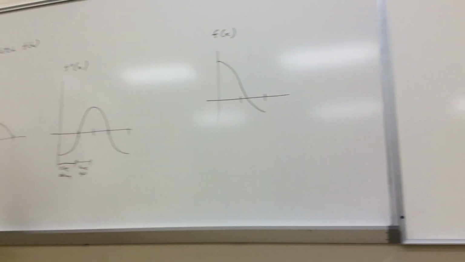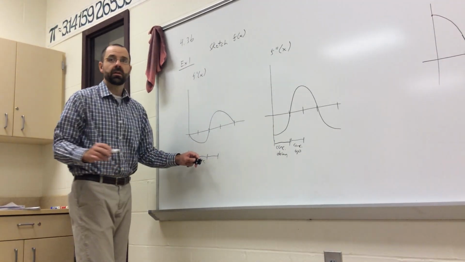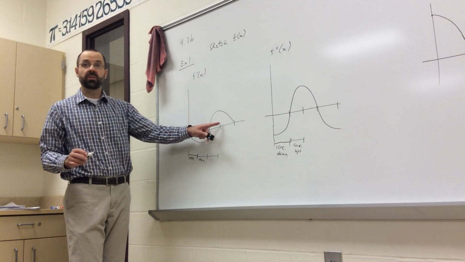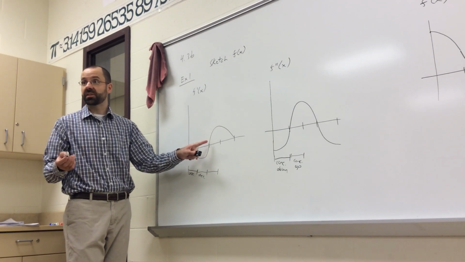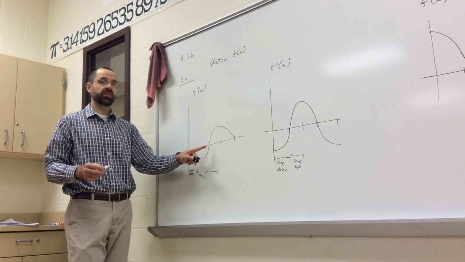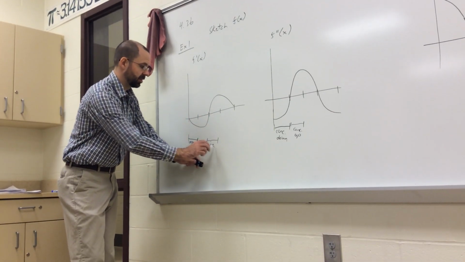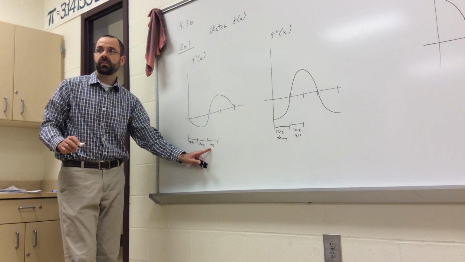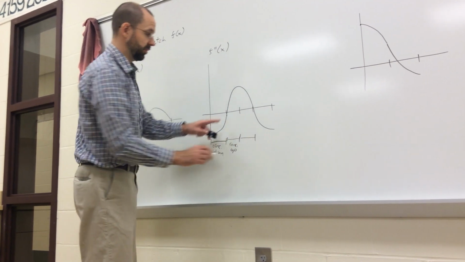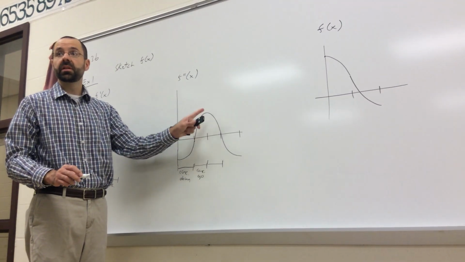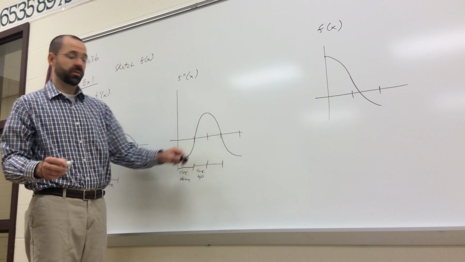All right, now let's look at 2 to 3. From 2 to 3, f prime is above the x-axis, so f prime is positive. That means that f is increasing. And right here, f double prime is still positive because this graph is above the x-axis, so it's concave up.